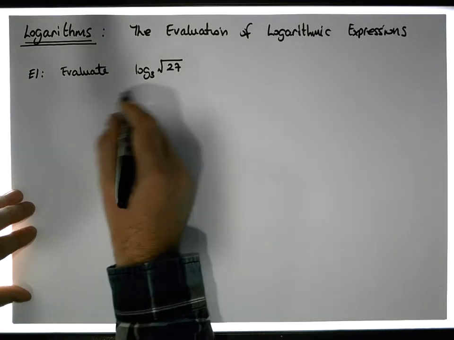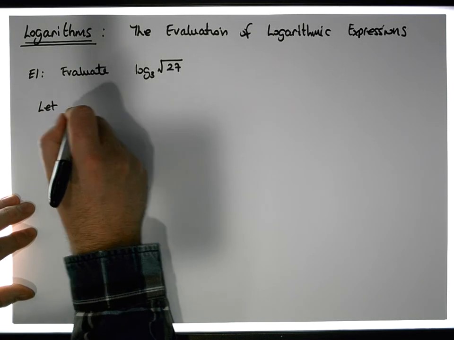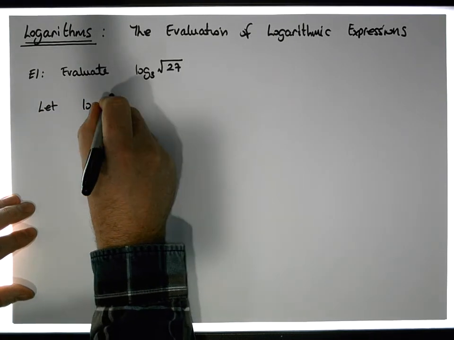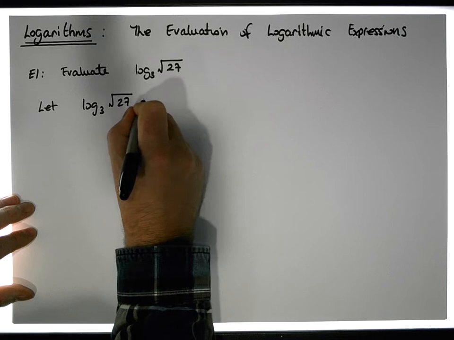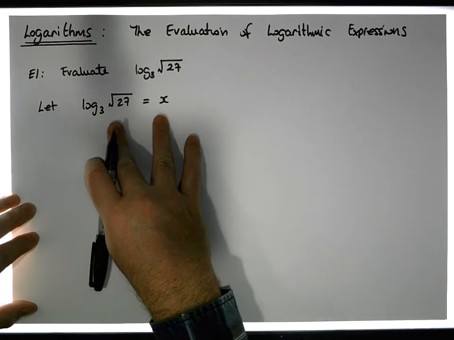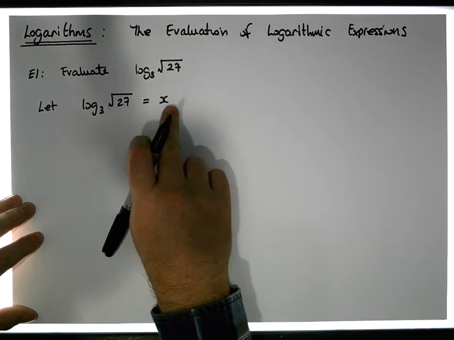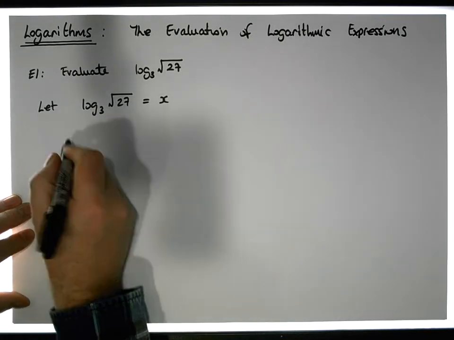Let's just assume we know the answer, and let's say the answer is x. So let log of the square root of 27 to the base 3 equal x, some value. What does this mean from our definition of logarithms? It means that 3 to the power of x must be equal to the square root of 27.